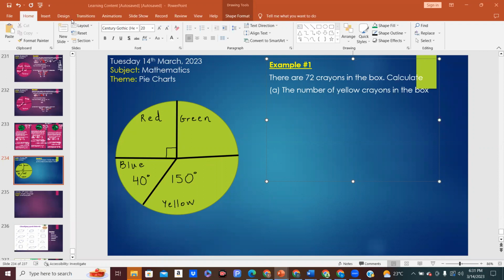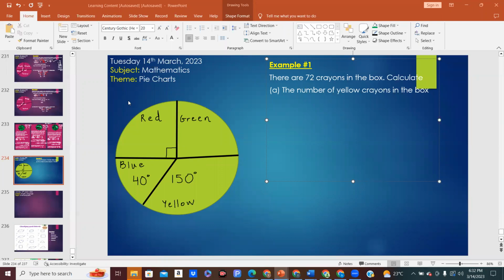Now, exactly how many yellow crayons are inside the box? 150. But there are only 72 crayons in the box, so it cannot be 150 crayons. Half of 150 is 75, but there's only 72 crayons in the box.